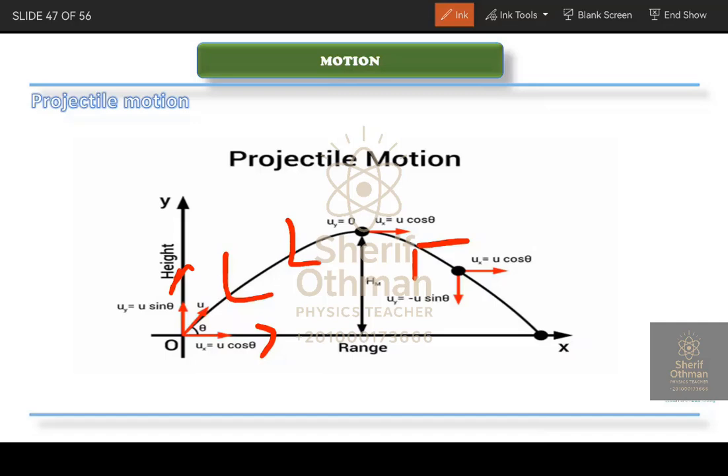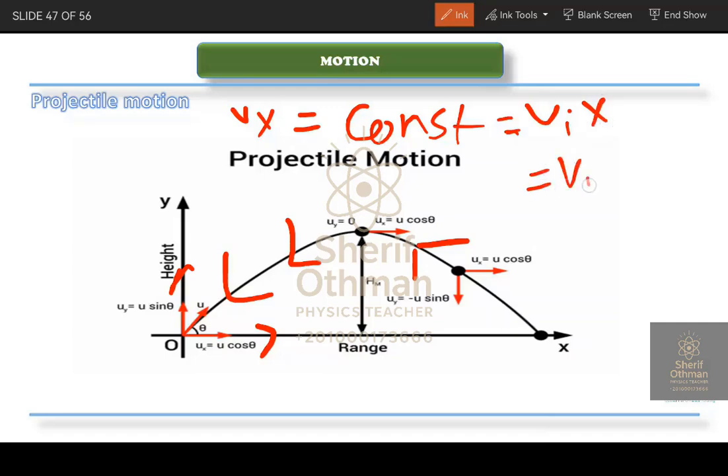For the X component of V, let's say Vx, Vx has a constant value and never changes because this component is horizontal, which means the gravitational force doesn't affect it. So Vx is always equal to Vix, which is Vi cosine theta.